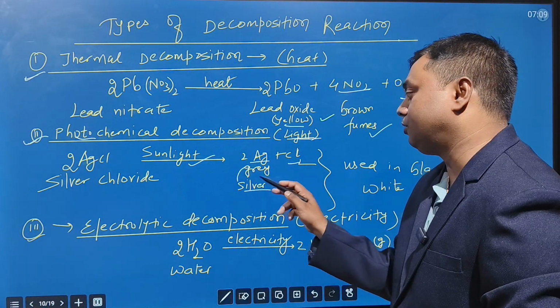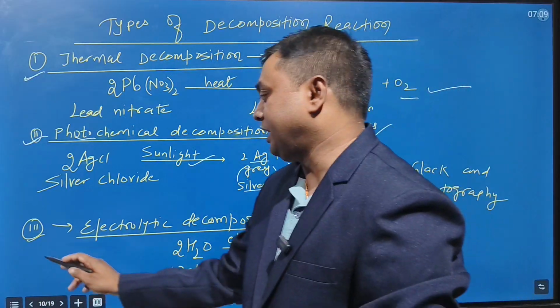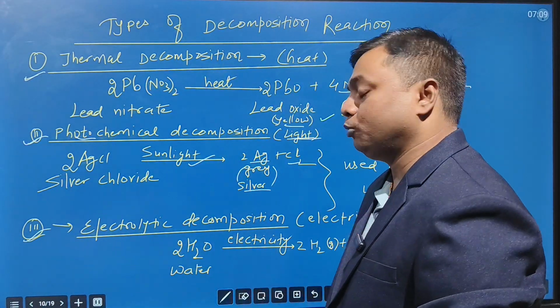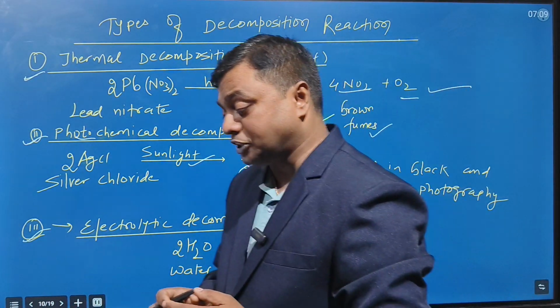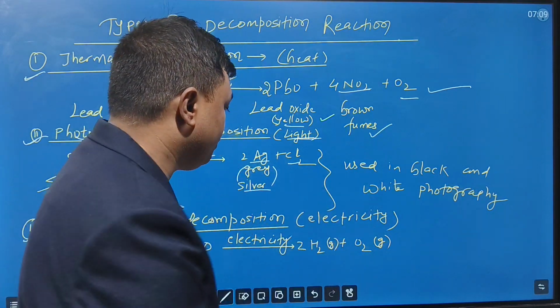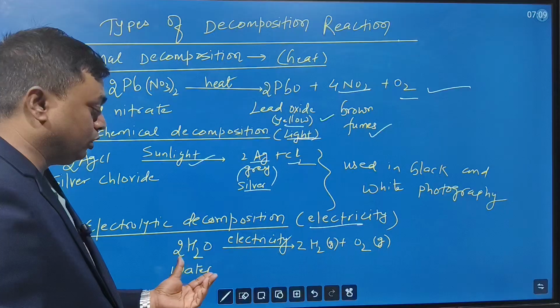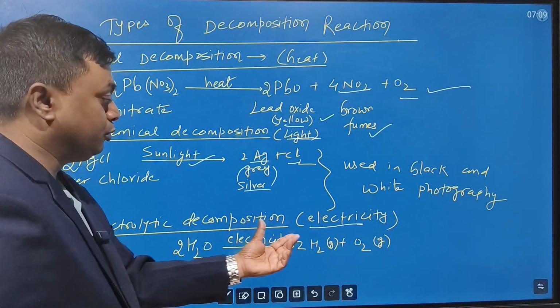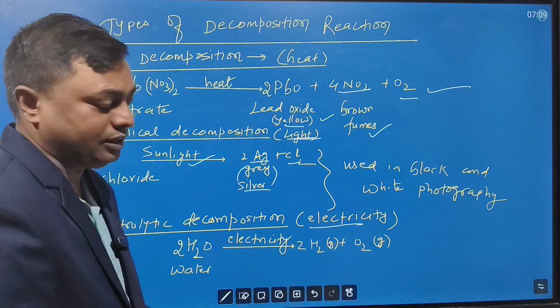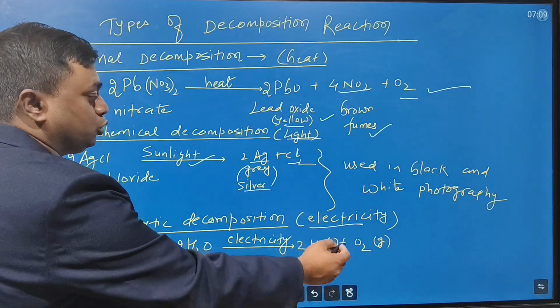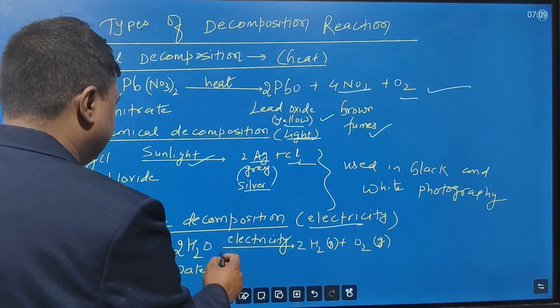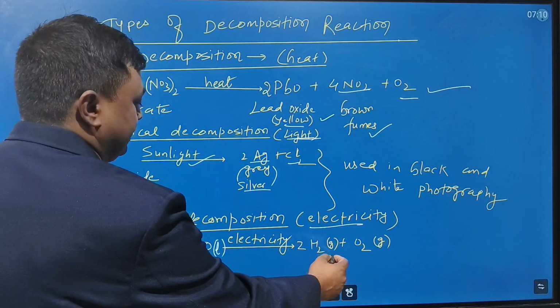So gray colored silver is obtained. Next, electrolytic decomposition is a type of decomposition reaction which takes place with the help of electricity. For example, once you pass electricity through water, it gives hydrogen gas and oxygen gas. You can write 2H2O gives rise to 2H2 plus O2. This is in liquid state and these are in gaseous state.